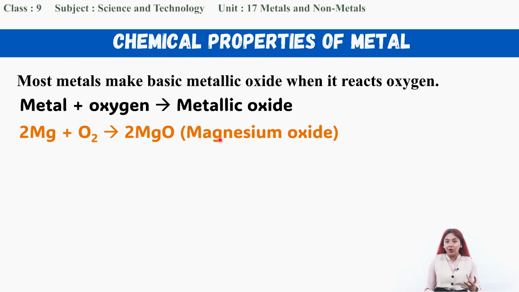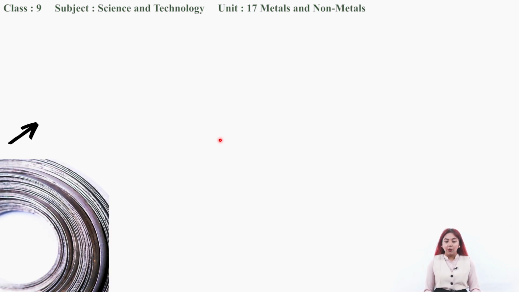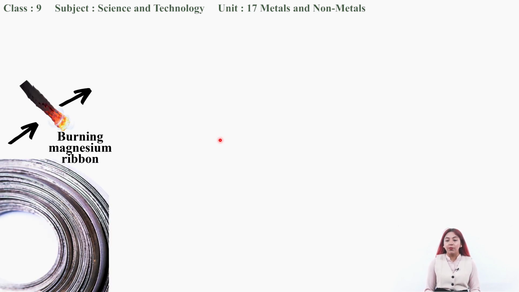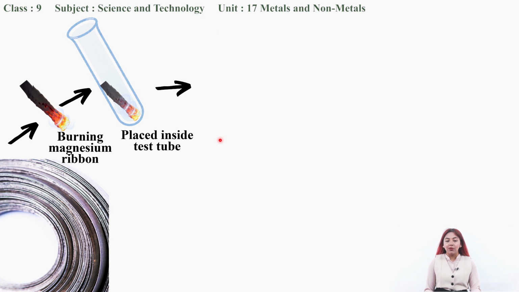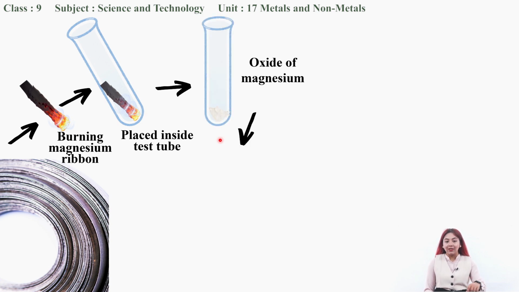So let us recall that experiment again. So when the magnesium ribbon was burned, the burned magnesium ribbon formed magnesium oxide and it was placed inside the test tube, and the oxide of magnesium, we saw that it was a white powder-like substance. So that is magnesium oxide. And what we did after that, we added a few drops of water in it so that we can dip the litmus paper.